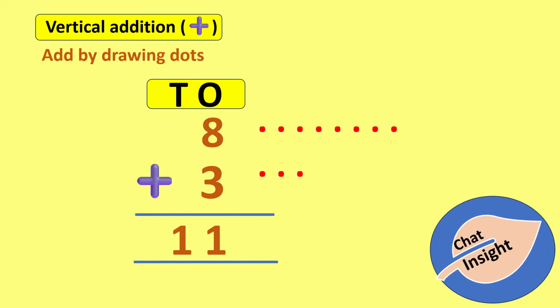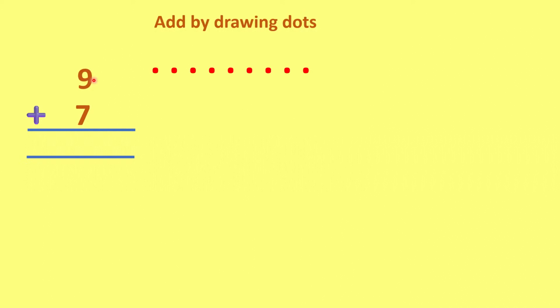Okay, the next question is adding by drawing dots. Same point, but a different example. When we want to add 9 and 7, what do we do? First make 9 dots, and then make 7 dots.